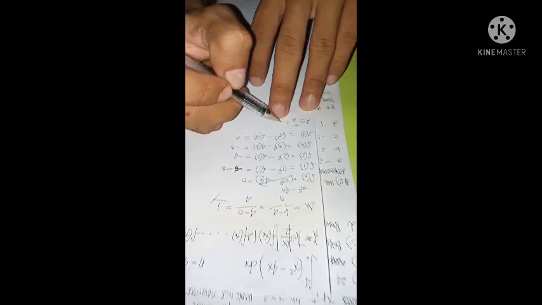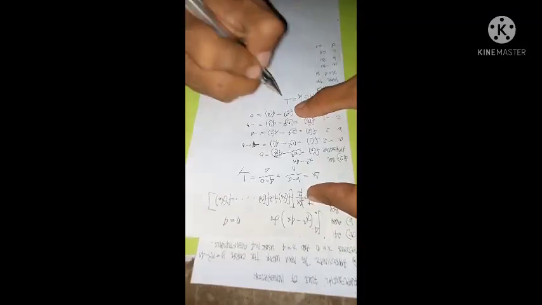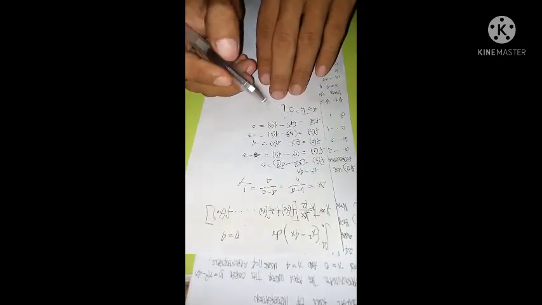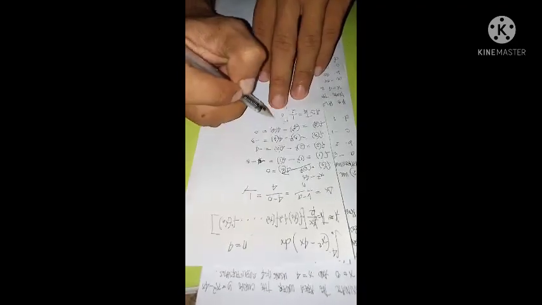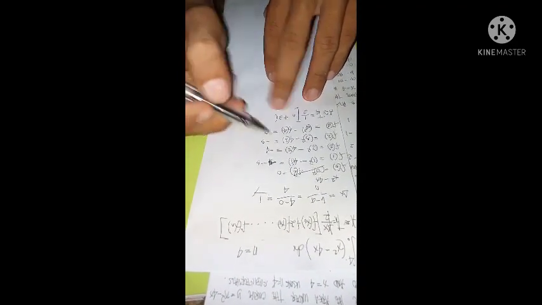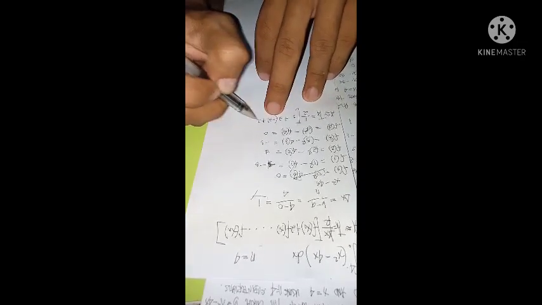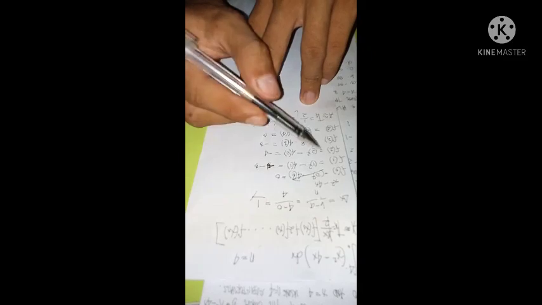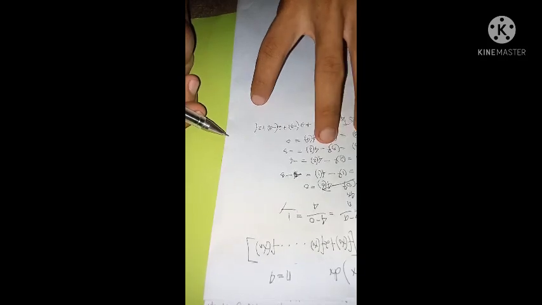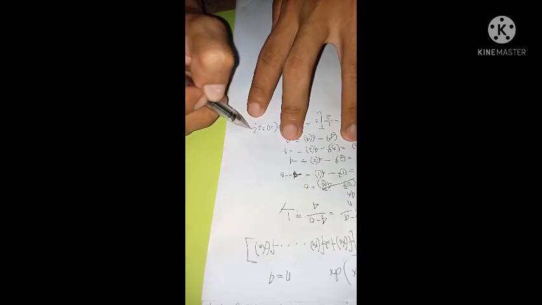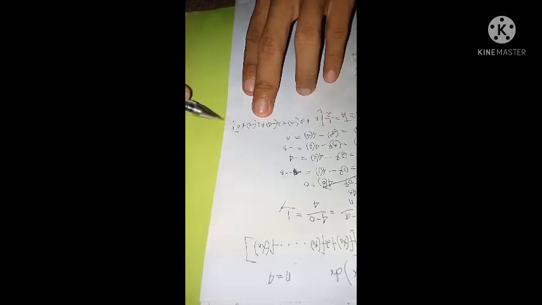The delta x here is 1 all over 2 times, f of 0 is 0, plus 2 times f of x1, negative 3, plus 2 times f of x sub 2, negative 4, plus 2 times f of x sub 3, negative 3, and the last f of 4, which is equal to 0, plus 0.